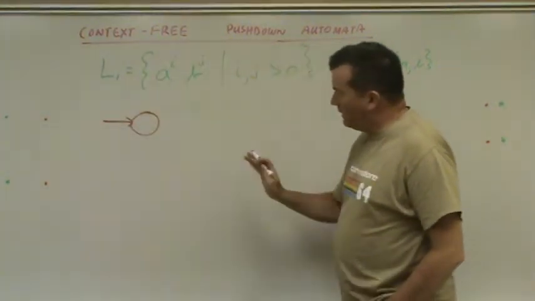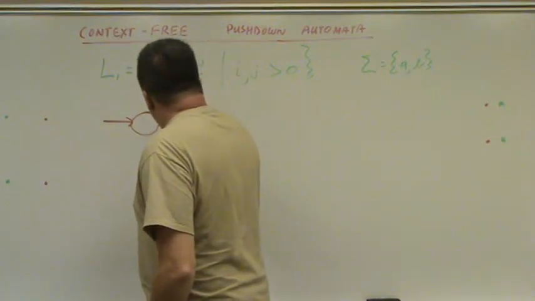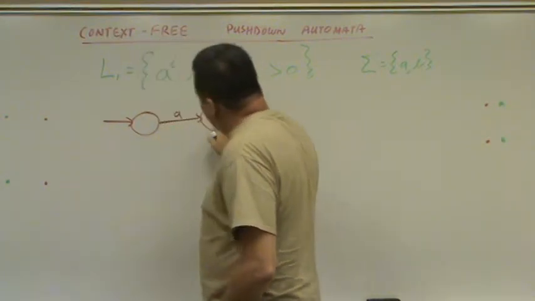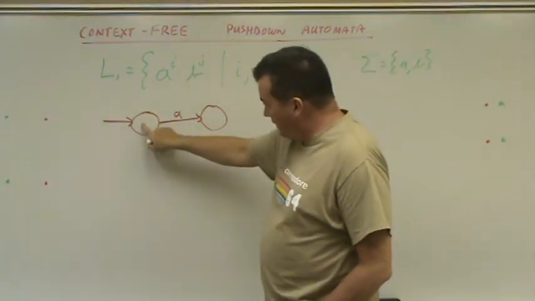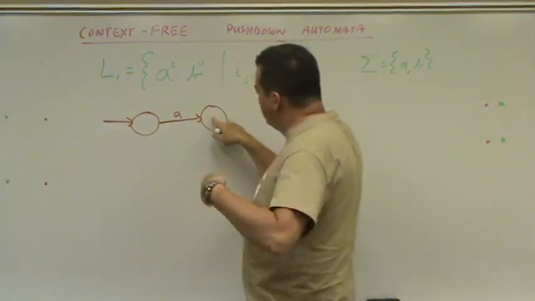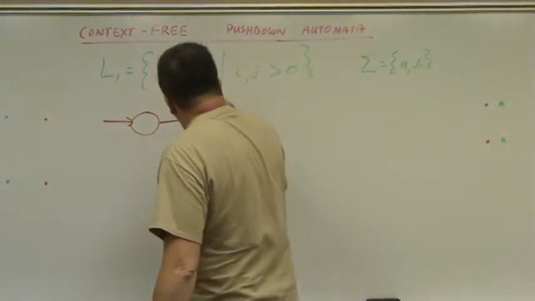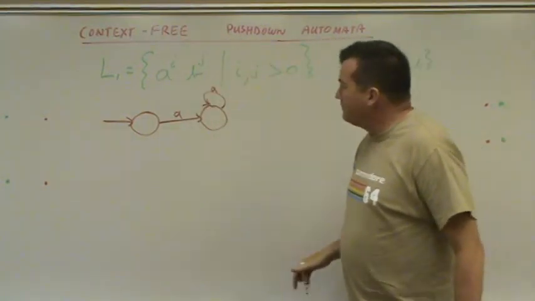This is at the beginning of the string. We read an A, and we go to a state, and this state basically means we've read at least one A. Now we might read more A's. If we read more A's, we just stay here. We're in the phase where we're reading A's.